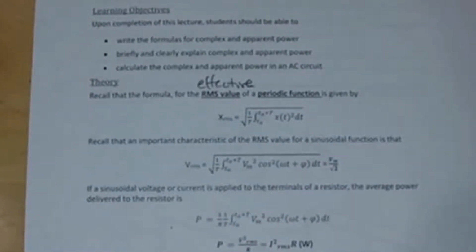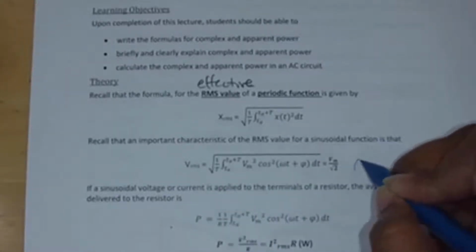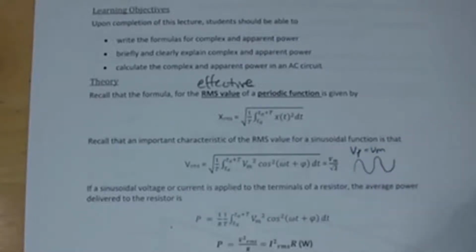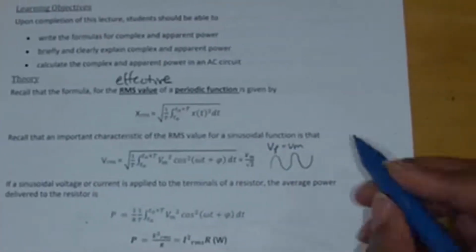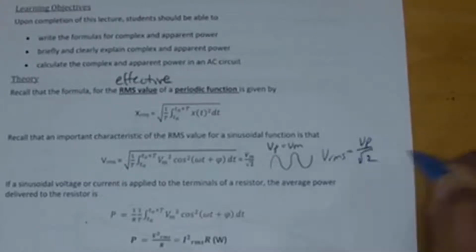And if you have a sinusoid, you go through and do this formula, and then using trig properties, whatever the peak value for a sinusoid is, the RMS value is always the peak value divided by the square root of 2. For sinusoids, there's a special formula, and you get it from doing trig properties on that formula above. So if I give you a sinusoid, the RMS value is always the peak over root 2, which we've already used in class before.